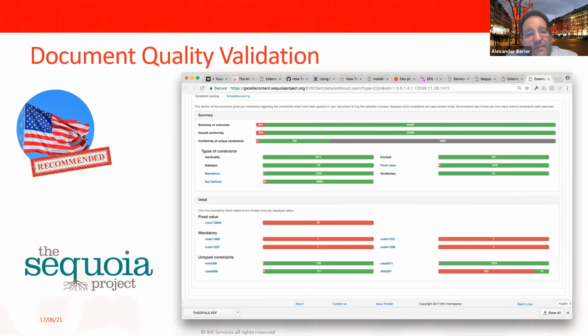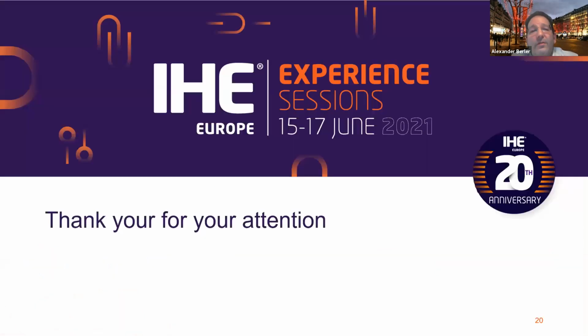But we have started discussions also with other communities, for example, with the medical device community, on how we can provide testing services in the domain of, for example, the medical device regulation in Europe. So we know that it's not only about interoperability, but a great deal of the quality of the exchange of medical data is going to be based also on interoperability. So thank you very much, and back to you, Claudio.